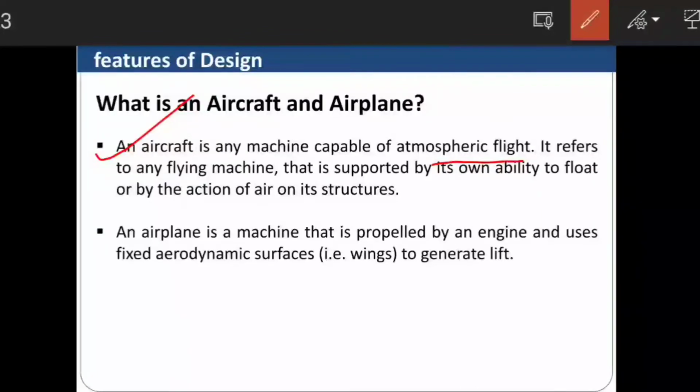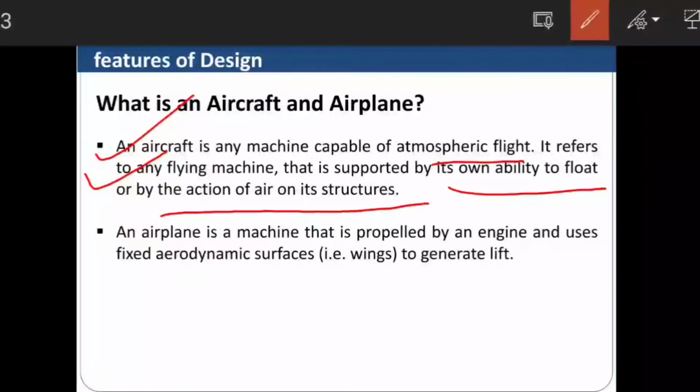It refers to any flying machine that is supported by its own ability to float or by the action of air on its structure. That is called an aircraft. Very important definition, guys. This question is also asked very frequently in interviews.